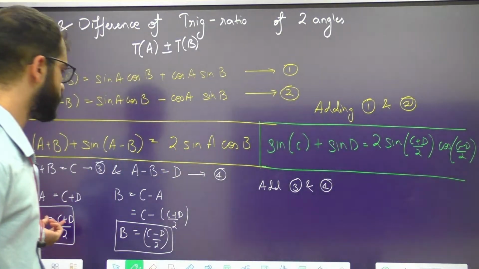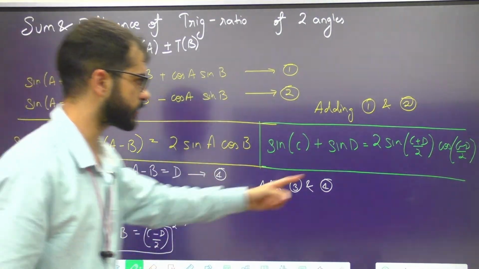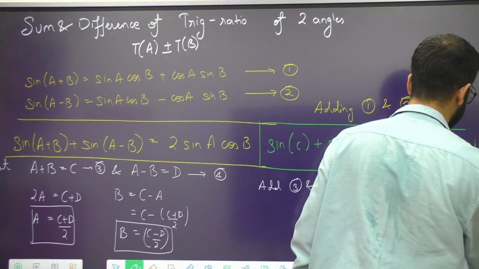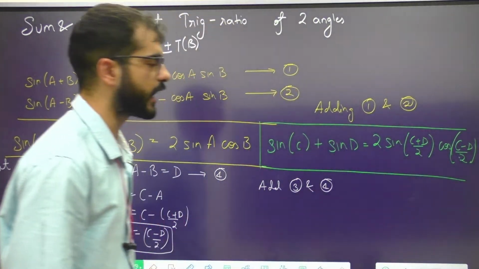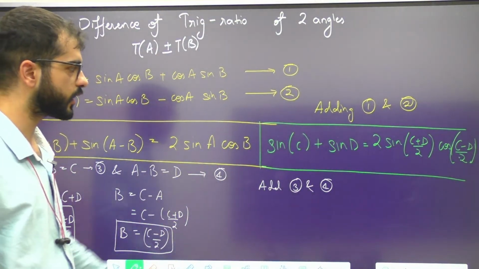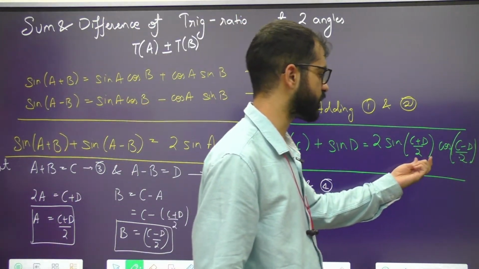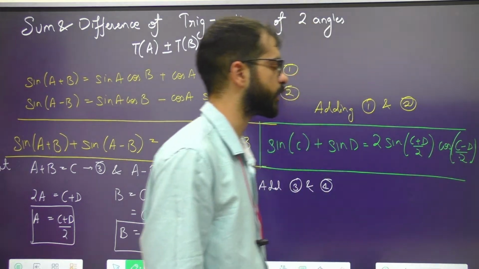So we have come to the conclusion that sine C plus sine D can be written as 2 sin (C plus D) by 2 into cos (C minus D) by 2.